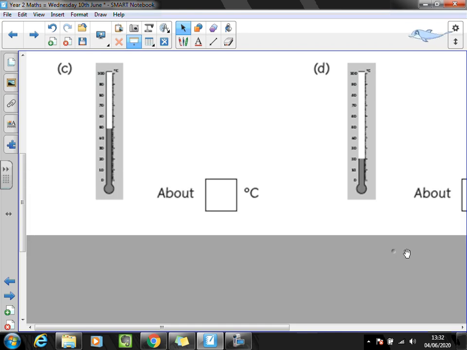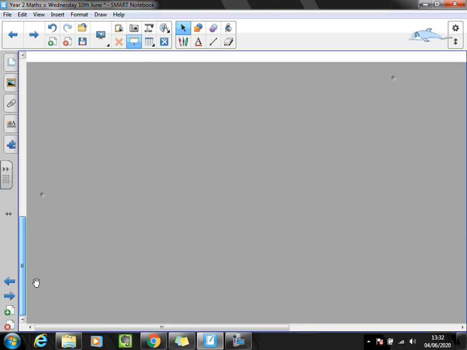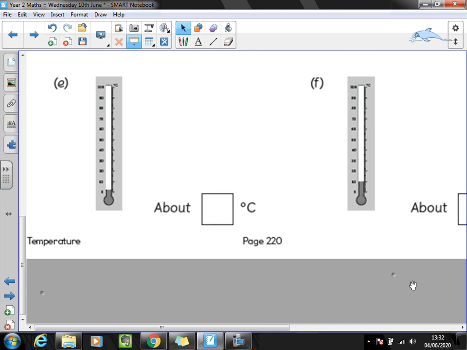Question C and D. And question E and F. Remember, it's only an estimate, so it doesn't have to be completely accurate, but you want to be maybe 2 degrees below or above the actual temperature.